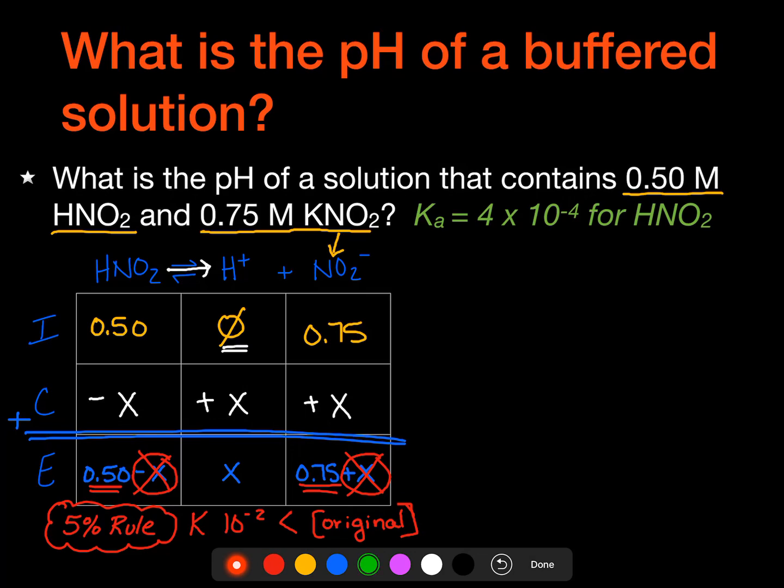So we see up top that Ka, and so we can write our Ka expression. There's two ways to solve this. I'm going to show you both. So Ka is equal to the concentration of hydrogen times the concentration of that nitrite ion divided by the concentration of the acid.